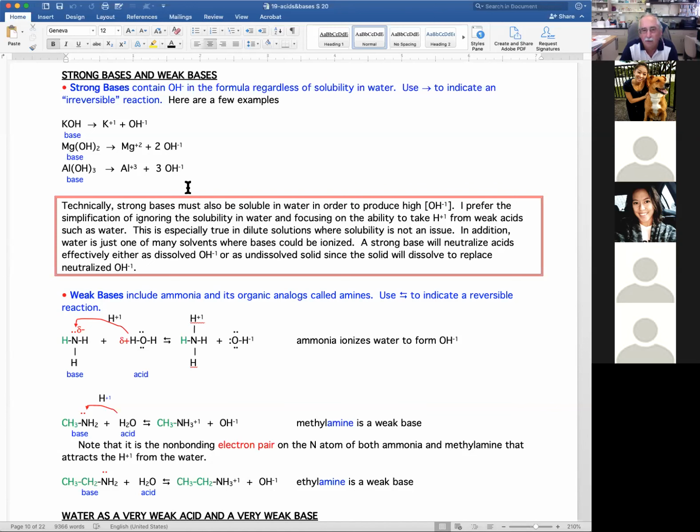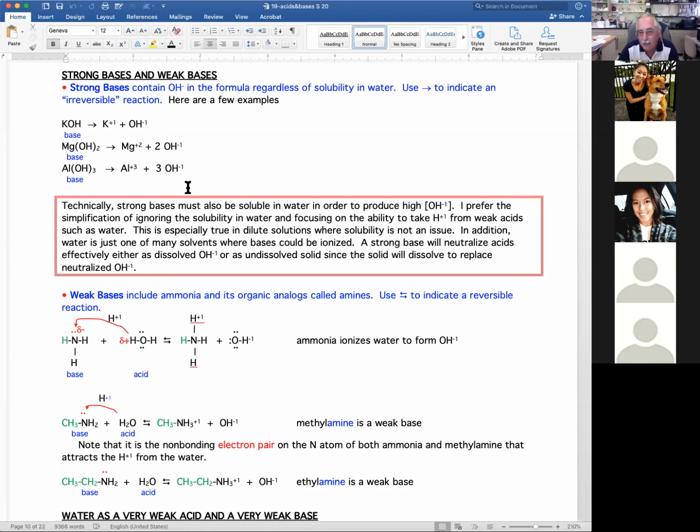What if you reach the saturation point? You got a whole bunch of, say, aluminum hydroxide on the bottom of the solution, and you start adding some acid to it. What's going to happen? You'll use up the hydroxide that's dissolved, and what will replace it? More aluminum hydroxide in the solid will redissolve to try to handle more of the acid.